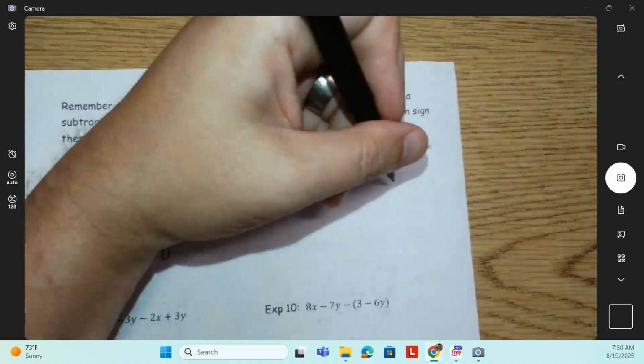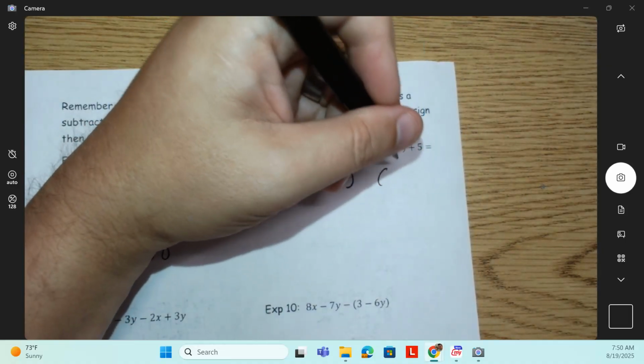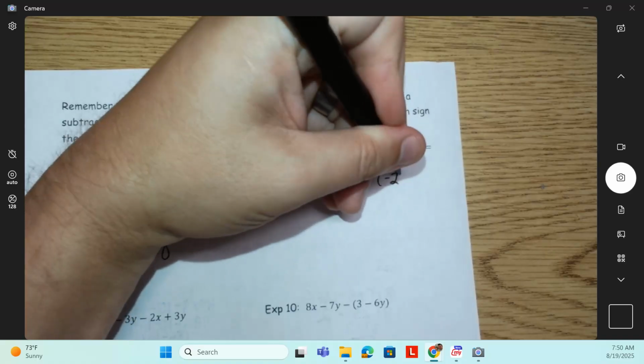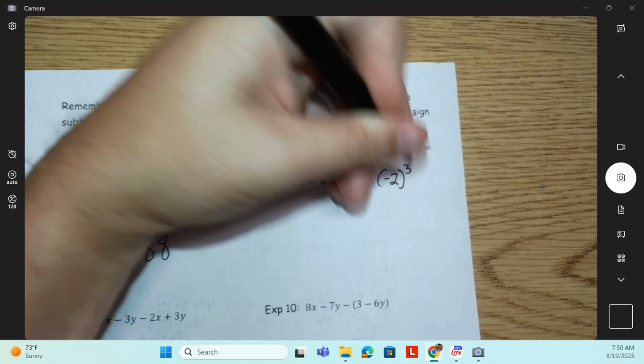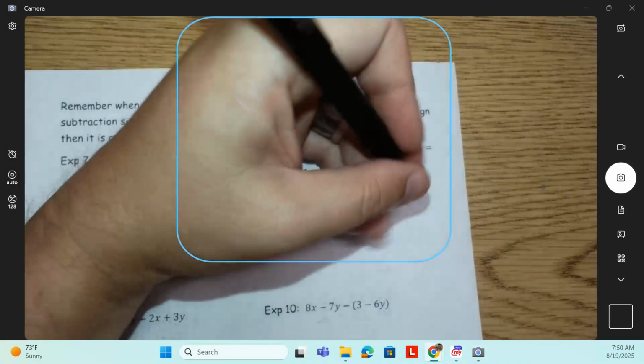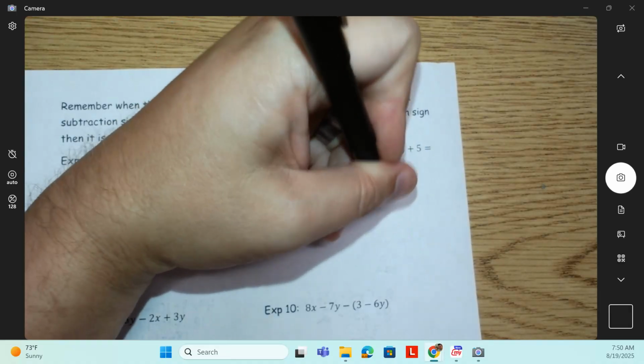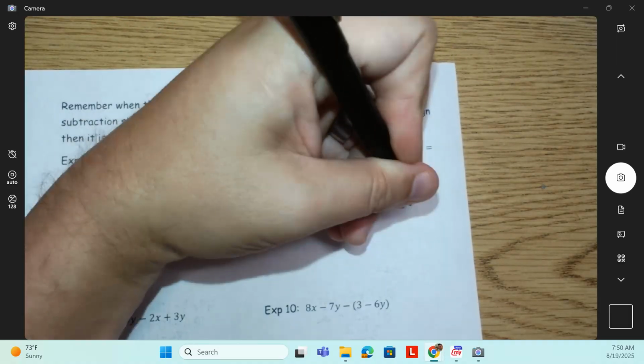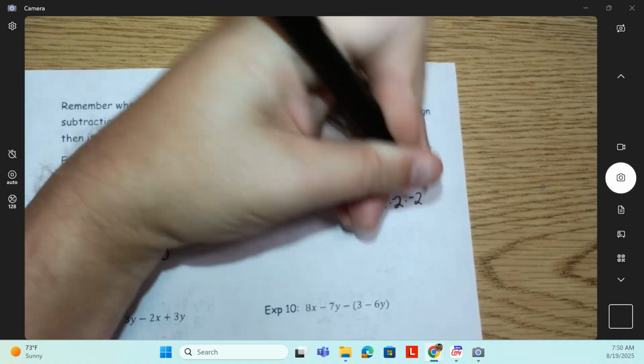Had it been written a little differently, and the result would be the same in this instance, but you have a lot of times where it will not. Had it been written negative 2 to the third power like that, I'd be doing negative 2 times negative 2 times negative 2.